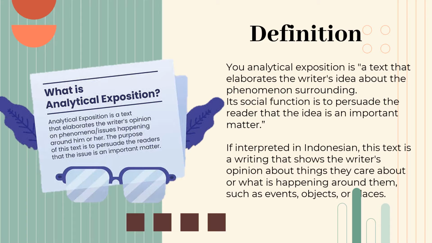Its social function is to persuade the reader that the idea is an important matter. If interpreted in Indonesian, this text is a writing that shows the writer's opinion about things they care about or what is happening around them, such as an event, object, or place.